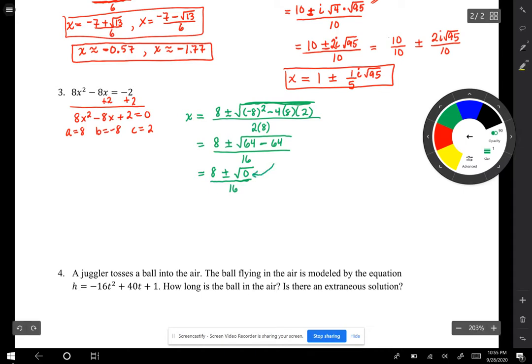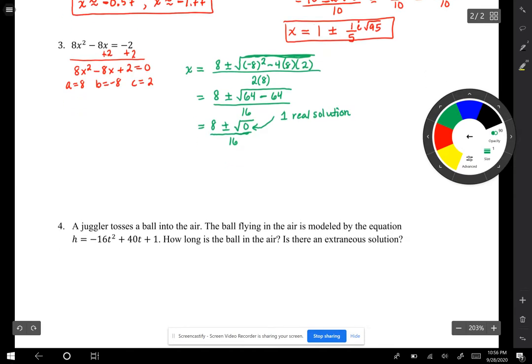Notice when the discriminant is equal to 0, you have one real solution. So you're only going to have one answer in this particular quadratic equation. So we have 8 plus or minus the square root of 0, which is just 0, over 16. So take a look at this. x equals 8 plus 0 divided by 16, or x equals 8 minus 0.